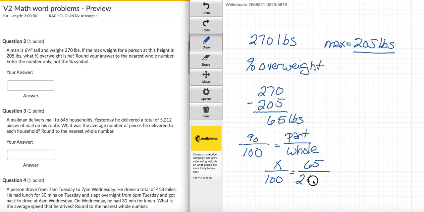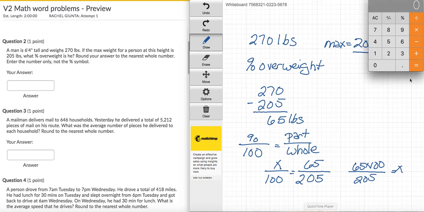So we'll put in 205 pounds for the whole, and then find the two numbers across from each other, cross multiply, 65 times 100, and divide by whatever number is left, which is 205, and that will solve for x. And so we'll put that into the calculator.